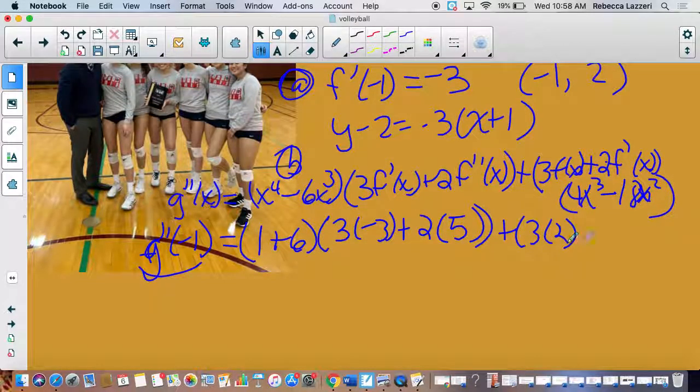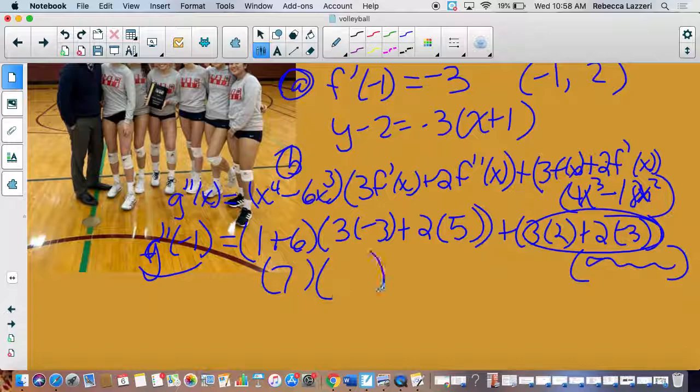Okay, and 2 times f prime of -1 was -3, and I don't even care what's back here because this just zeroed out. Do y'all see that? That just went away. And this is 7 times 1, which is greater than 0.